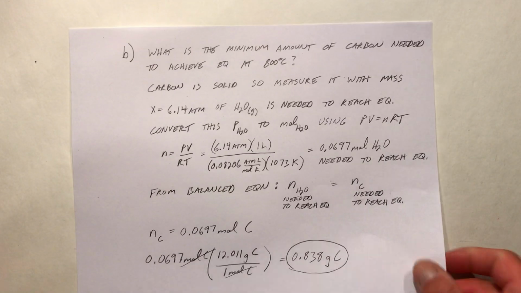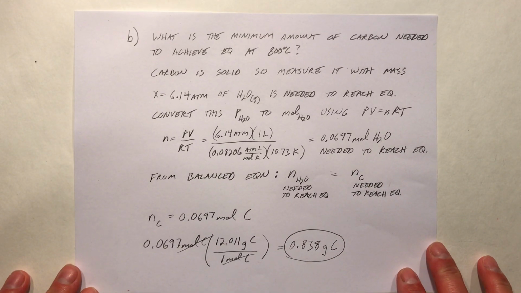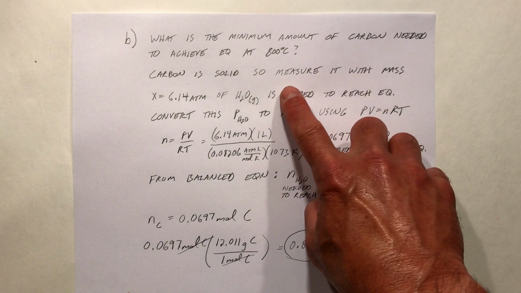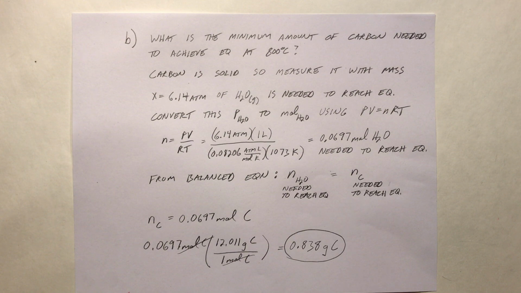All right, so then using that same equilibrium equation, what's the minimum amount of carbon, that solid carbon, that's needed to achieve equilibrium at 800 degrees Celsius? Well, carbon is solid, so we're going to measure it with mass. So we're going to calculate the mass when it says minimum amount here. Let's find the mass.